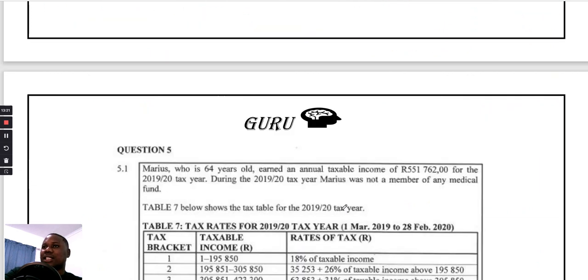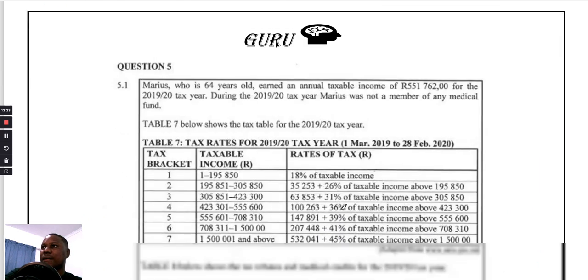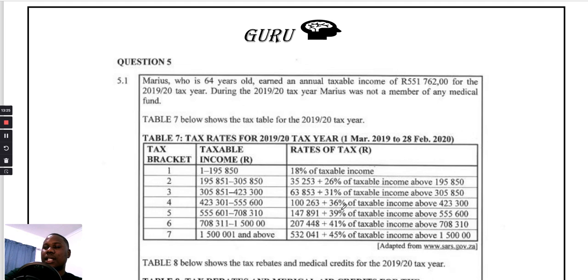All right, we have this. I hope it's going to be clear to everyone. We have Marius, who is 64 years old and earned an annual taxable income. So already in this case, the taxable income is being determined for us.